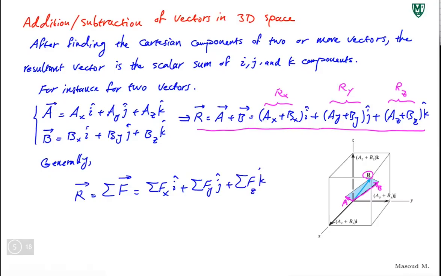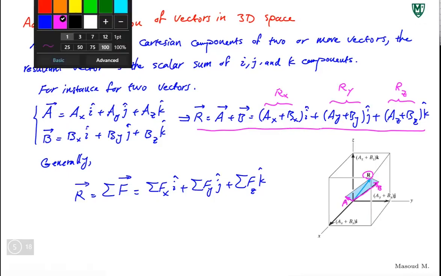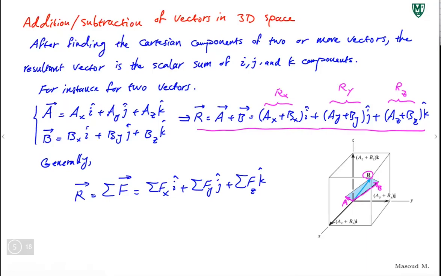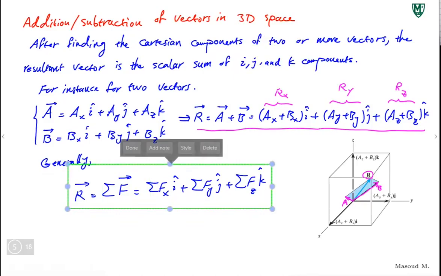And by force, I'm talking about vector F. Since we mainly talk about forces, I'm just referring to it as force. But generally, it's just vector. Right? So this is what boils down into the whole thing.